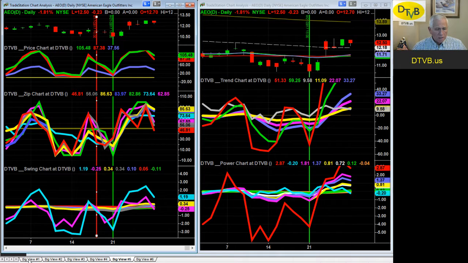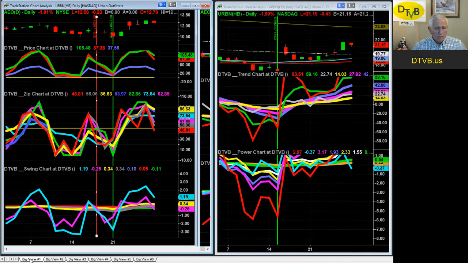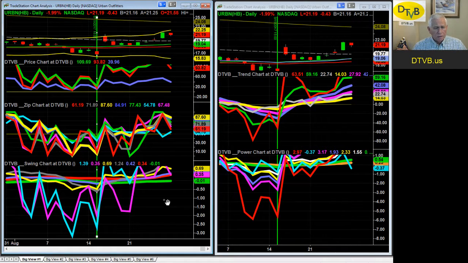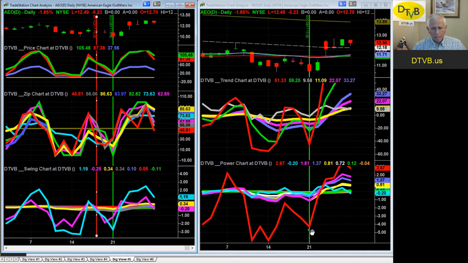Now, on this one that we're looking at, I showed you the last one to give you the classic example of a big four down. In that, Trend Red, Power Red, and Swing Zion were down and lowest.